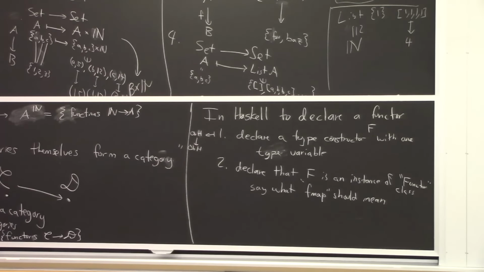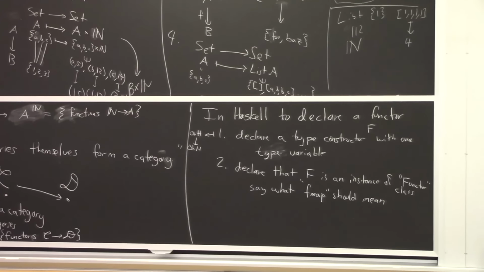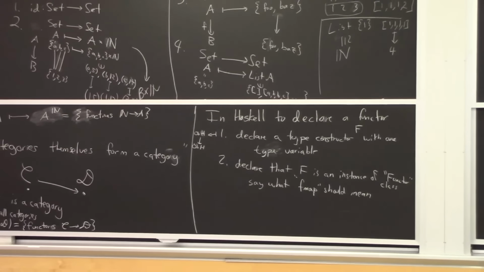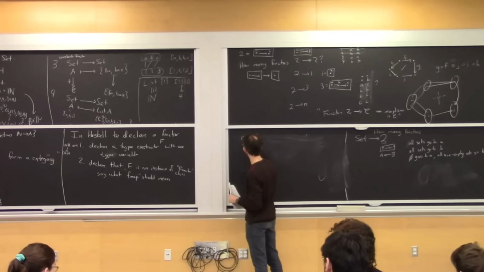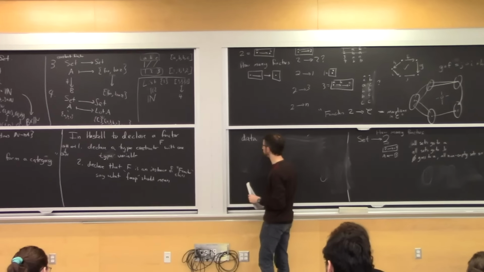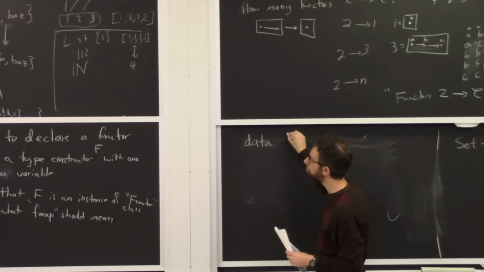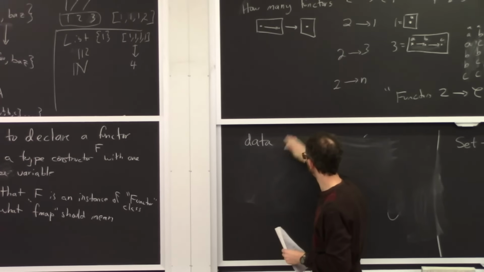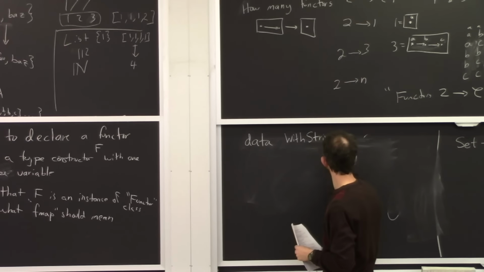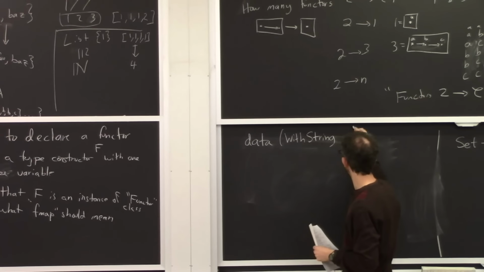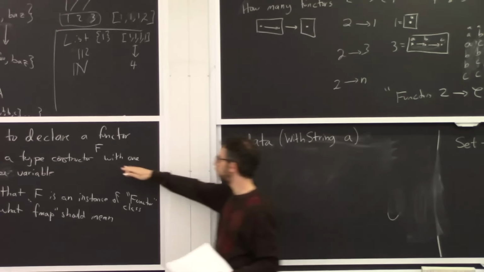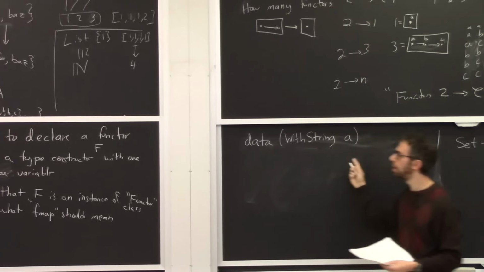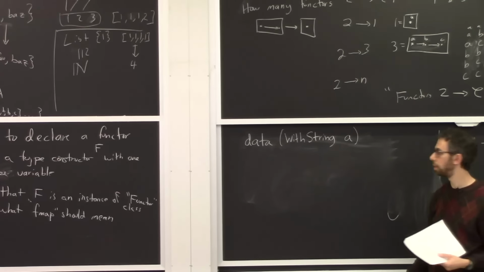So let's say we wanted to do the one. What have we done so far? So one thing we did is times naturals. You write data. This is going to be our type constructor. Data WithString A. And you don't need these parentheses, but we're declaring that WithString is a type constructor with 1 free variable A, and that's the capital A from over there.